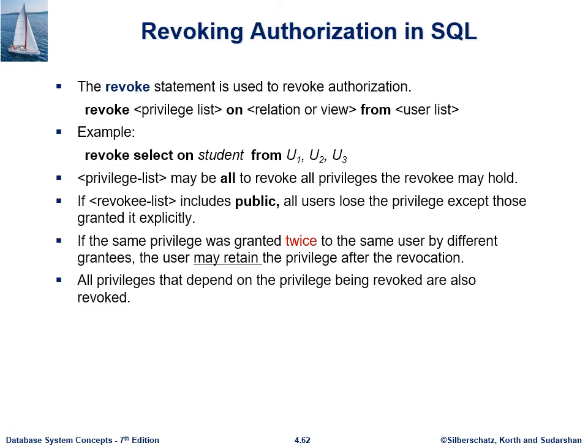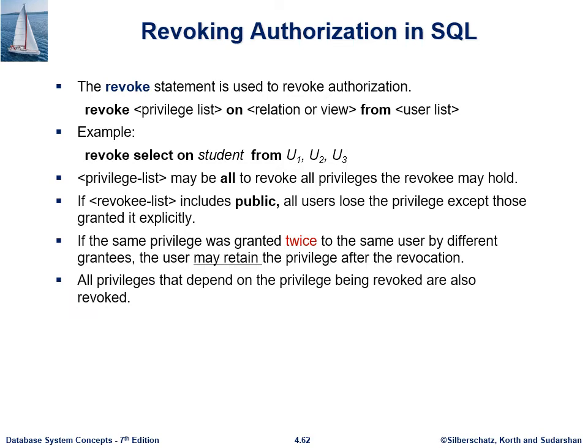It's revoke privilege list; in the previous one, it's grant privilege list. Here we want to get it back. So on a table or a view, and then we use from, right? User list. That means from the users, we want to claim back the privileges.